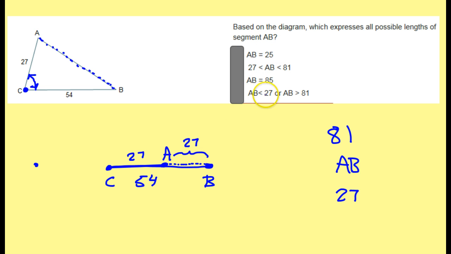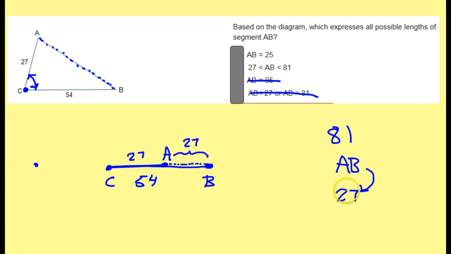AB is less than 27? No. AB has got to be bigger than 27, so it can't be that one. AB equals 85? No, 81 was the biggest. Can't be that one. AB is 25? No, that's false. AB equals 25. No, 27 is the smallest AB can possibly be.